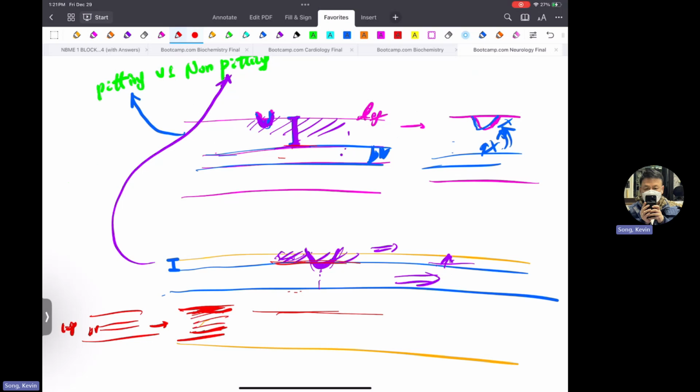That's why there's leaky material outside the blood vessel, and that will cause the edema, right? So in this case, it's the same as this situation, and it will become non-pitting edema. So basically, it's a matter of the distance from the surface to the blood vessel. That's the key point for the distinction between pitting and non-pitting edema, right?